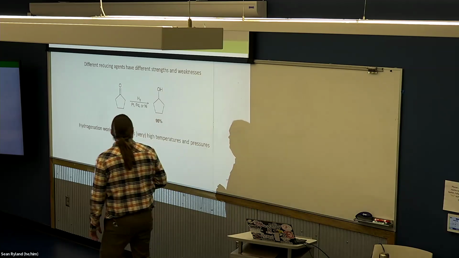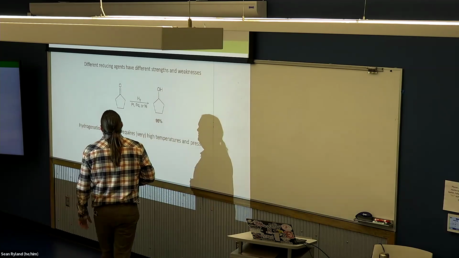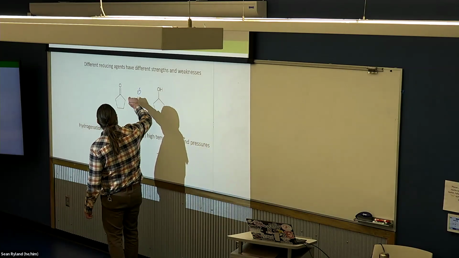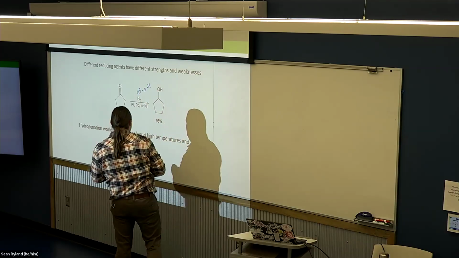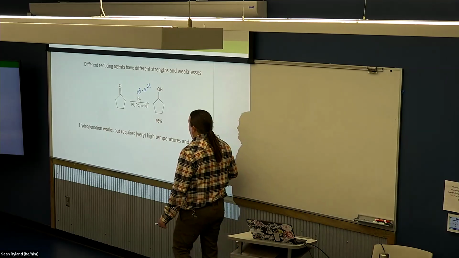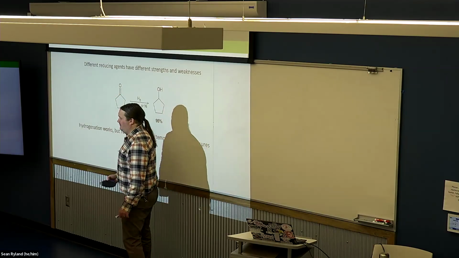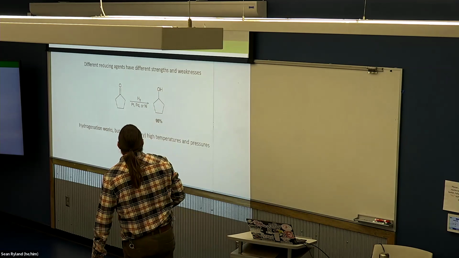All right, so we can use hydrogen as our reducing agent because hydrogen naturally will go from an oxidation state of 0 to a +1 pretty easily. So we do see this reaction happen where we can hydrogenate a carbonyl just like we hydrogenated carbon-carbon pi bonds.